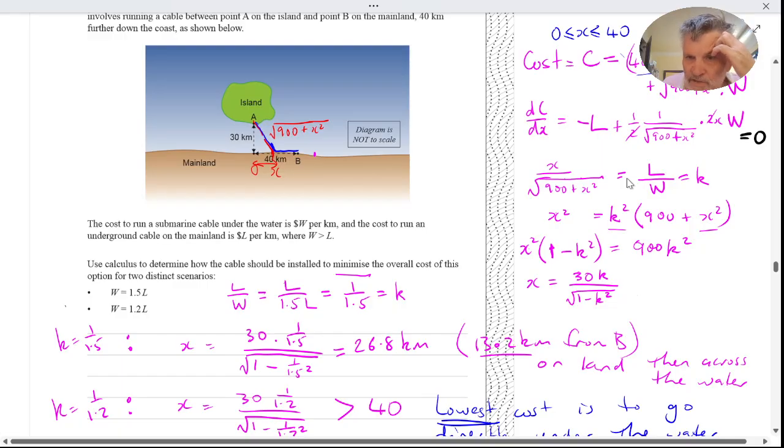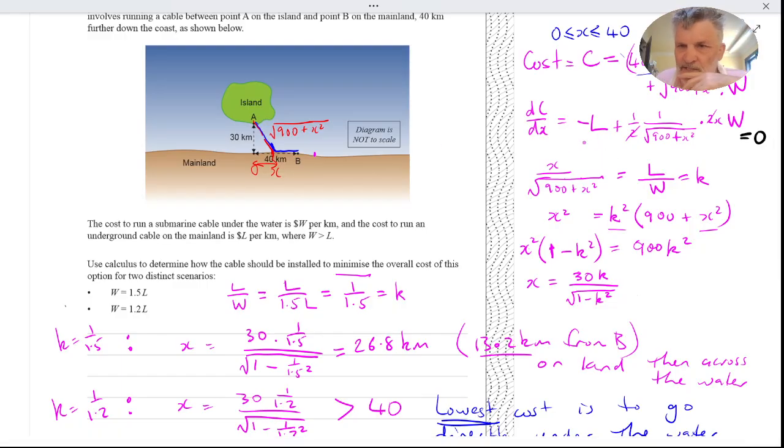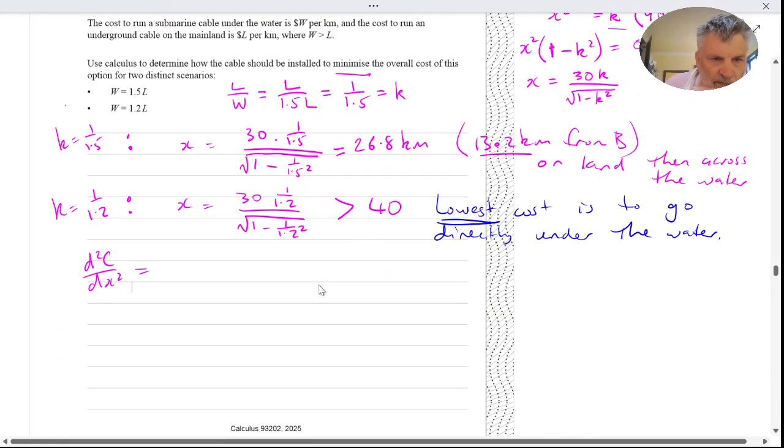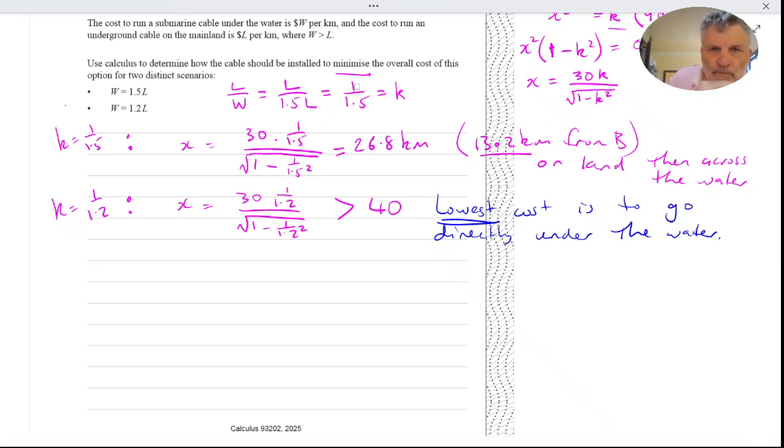Look back at our derivative, we've got this expression here. The L term is going to cancel, and then this bit has got xw over root 900 plus x squared. Might actually help. Let's write it all out. This is what we're working with.